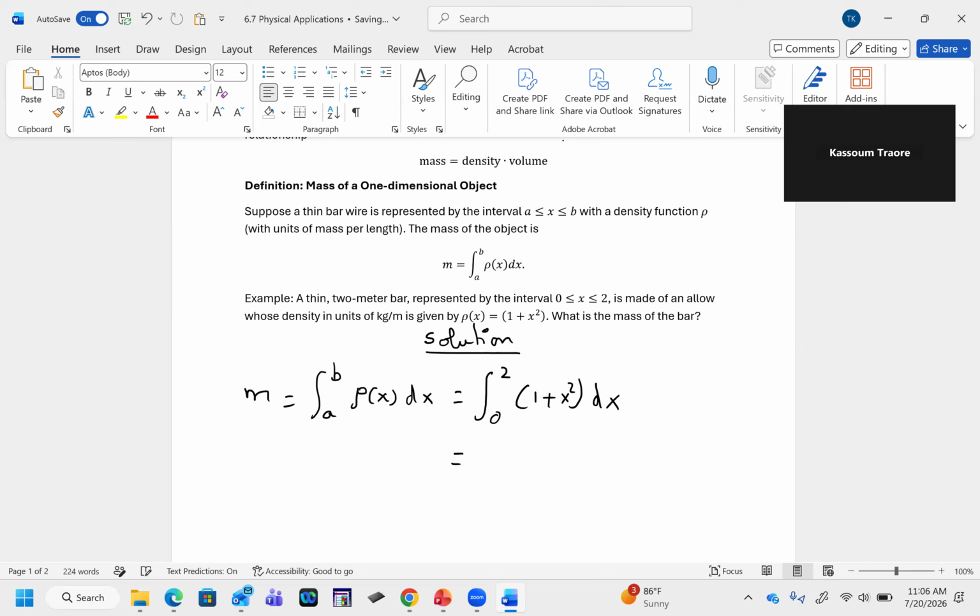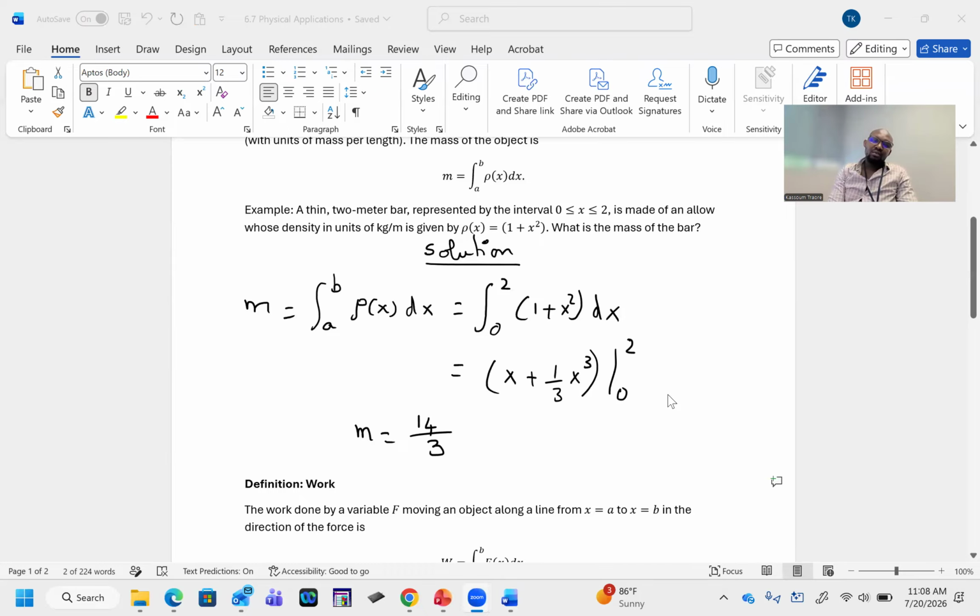And this one will give us x plus 1/3 x cubed from 0 to 2. If you substitute, we'll have 2 plus 2 to the power of 3 is 8. 2 plus 8 divided by 3, which is 14 divided by 3. So our mass will be 14 divided by 3.